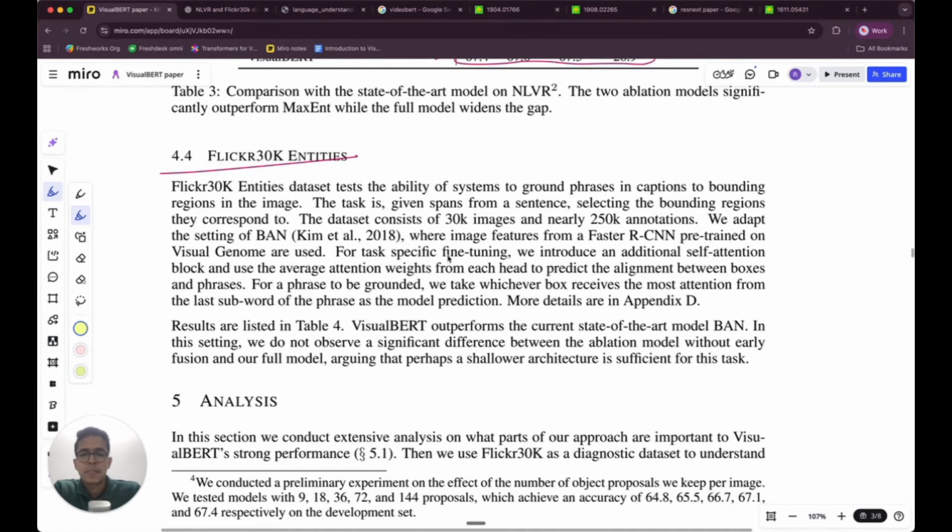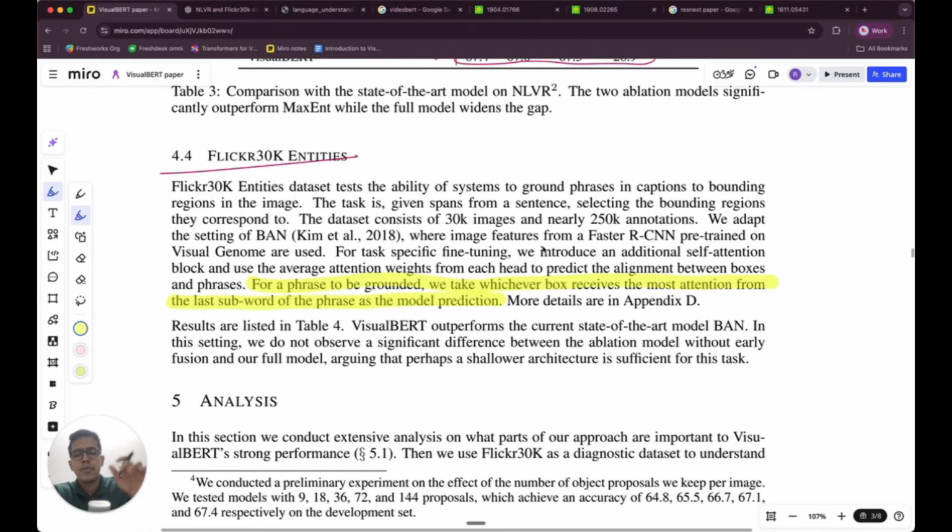Okay, for task-specific fine-tuning, we introduce an additional self-attention block and use the average attention weights from each head to predict the alignment between boxes and phrases. For a phrase to be grounded, we take whichever box receives the most attention from the last subword of the phrase as the model prediction. So if frisbee is tokenized into fris and B, B is the last subword corresponding to the phrase frisbee.